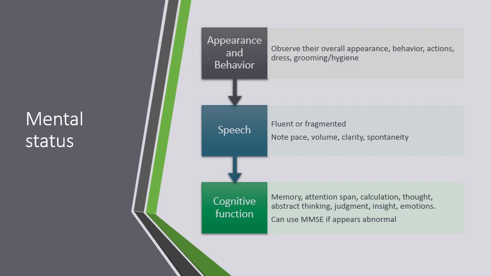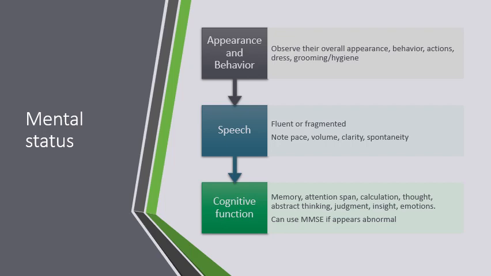You're going to look at their appearance and their behavior. So think about how well they are doing taking care of themselves or meeting their basic needs. Are they well groomed? Are they dressed appropriately for the time of year or the circumstances? Are their actions normal? Is their behavior appropriate and rational?